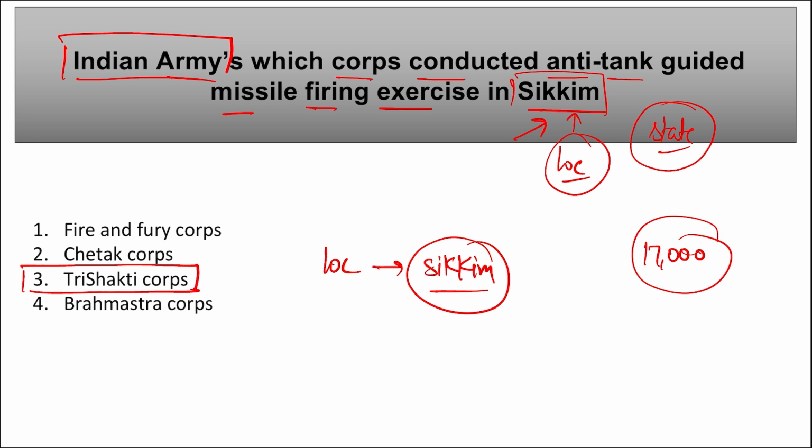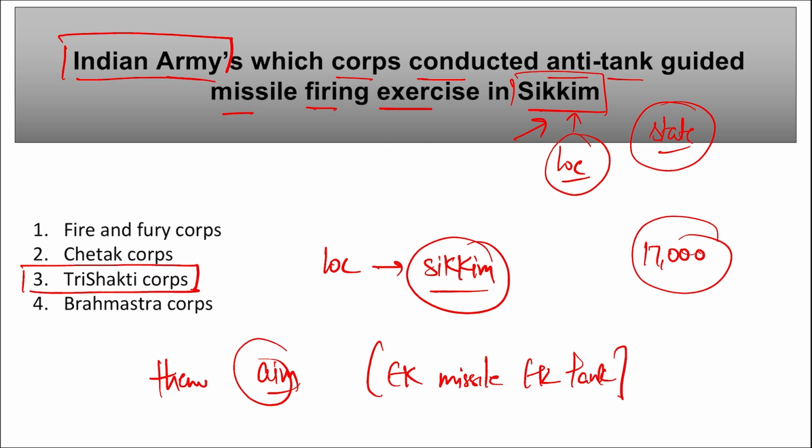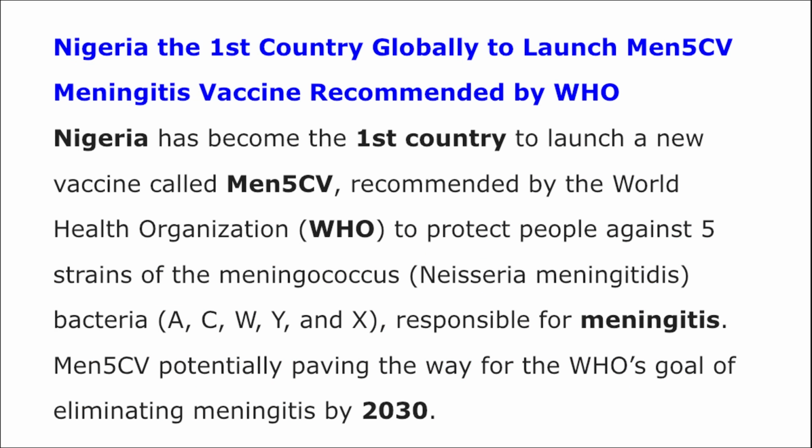Take a note of this. And this exercise was conducted with the aim Ek missile, Ek tank. Under this aim or under this theme, we can say this exercise was conducted, right? Take a note of it.